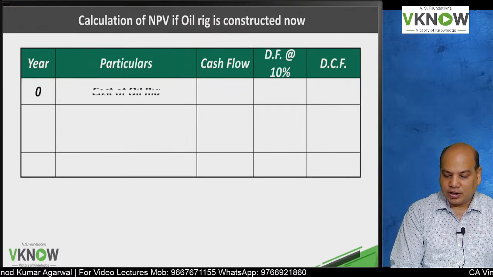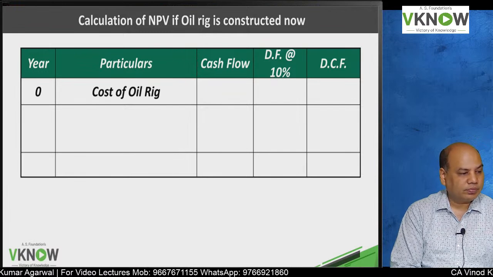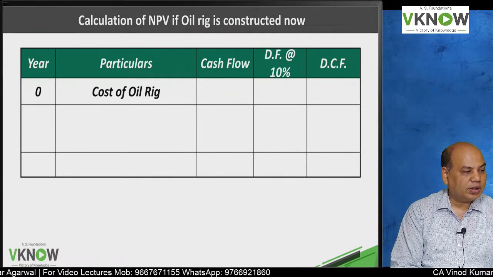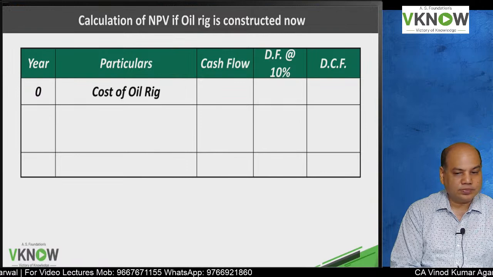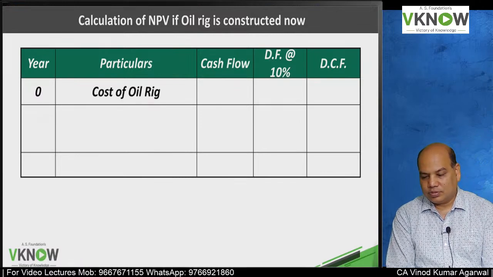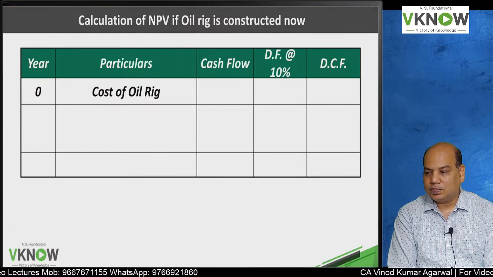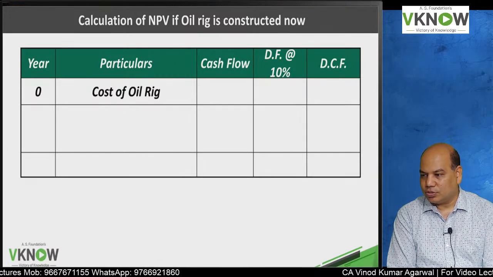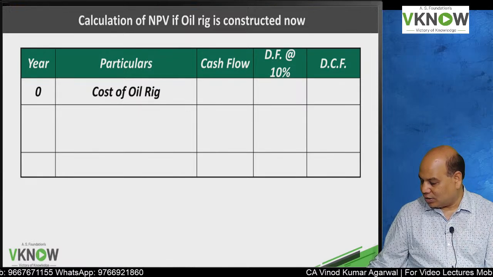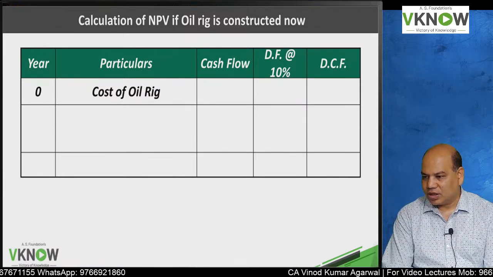So it's an infinite life problem. Very rarely they ask, but it is an infinite life problem. Please solve. Calculation of NPV. Year, particulars, cash flow, discounting factor at 10% and discounted cash flow.